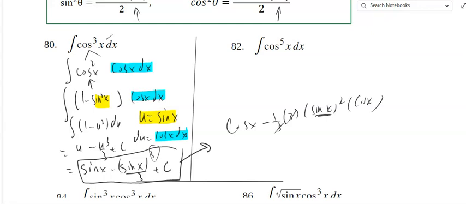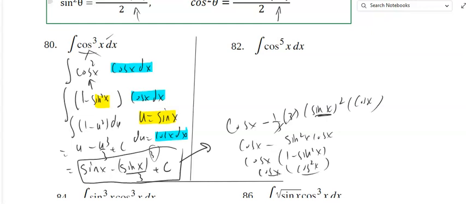Those cancel out. I'm looking at a cosine of x minus sine squared of x cosine of x. Factor a cosine of x out. And 1 minus sine squared is cosine squared of x. And that gives me cosine cubed.